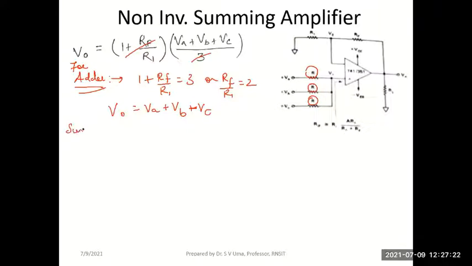Now can you tell me for a summing amplifier what should I do? If I should get the output as the sum of the 3 input signals multiplied with some gain, what should you do? Very simple. Everything is there in this equation only. Just look at this equation and tell me what can be done.